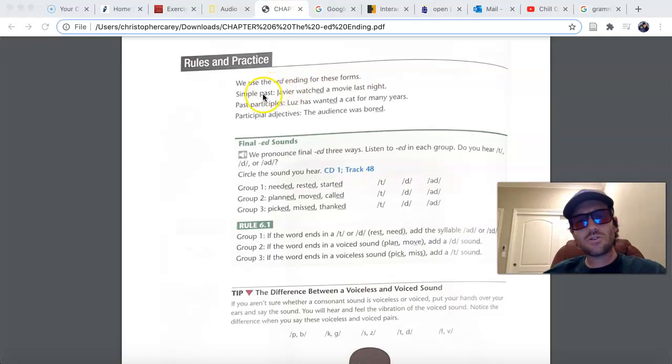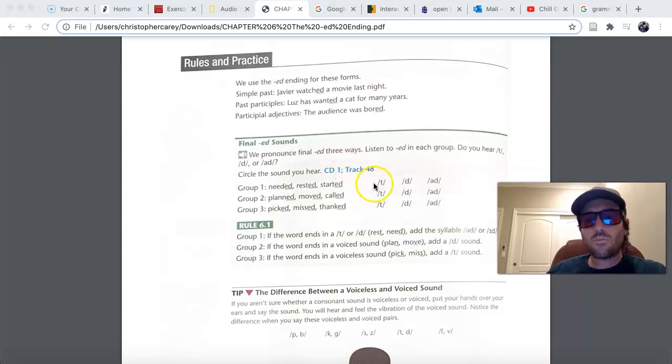So based upon the grammatical form, sometimes the ED will sound different. ED vowel and consonant sounds will change according to the grammatical form that's being used. So let's take a look at that. We pronounce final ED in 3 ways, and we've looked at that already in exercise 2.